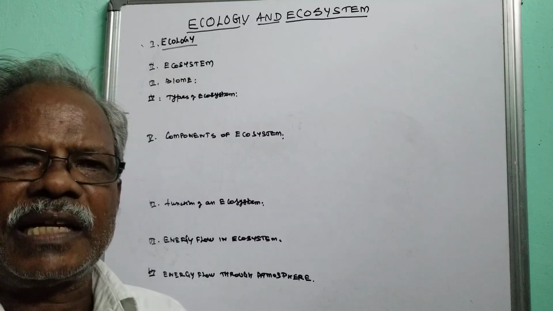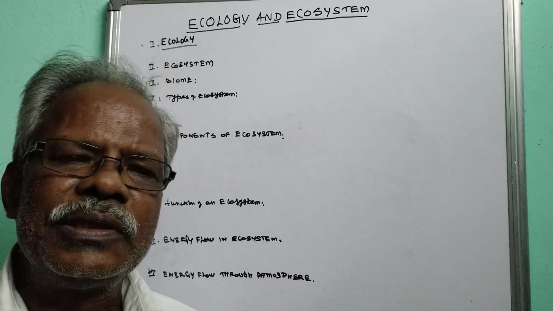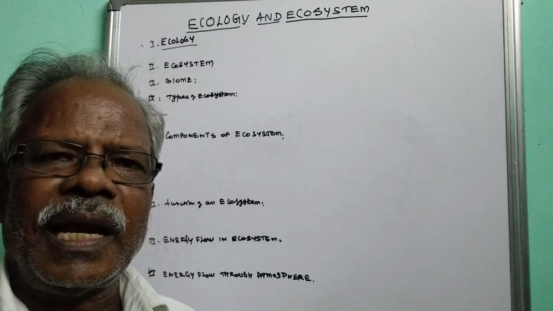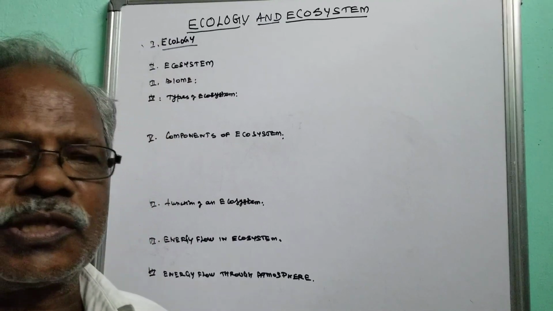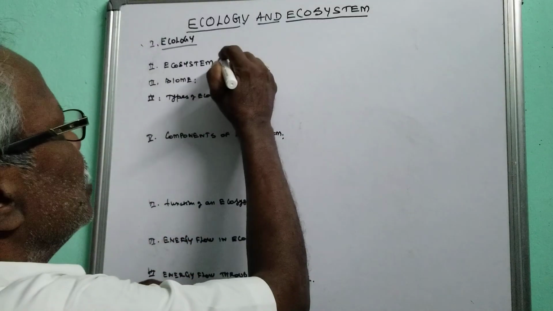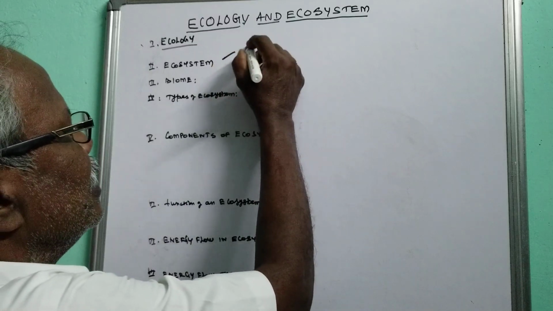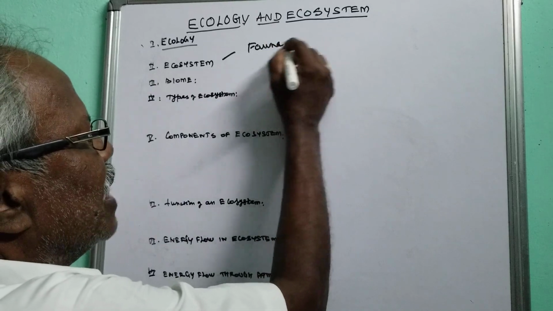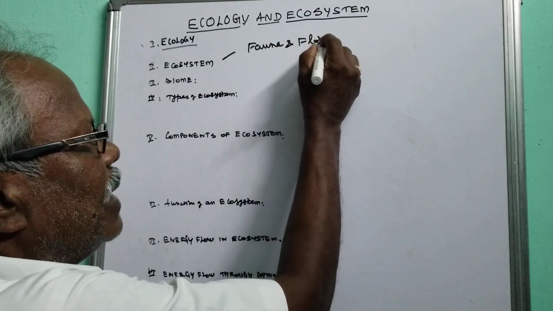How the plants and animals are interrelated to abiotic factors and biotic factors, and that study is known as the ecosystem. So the ecosystem is the study of fauna and flora. Fauna means animals and flora means plants.